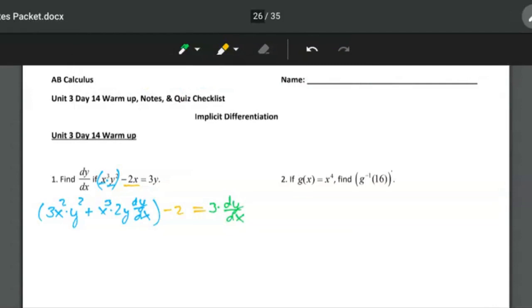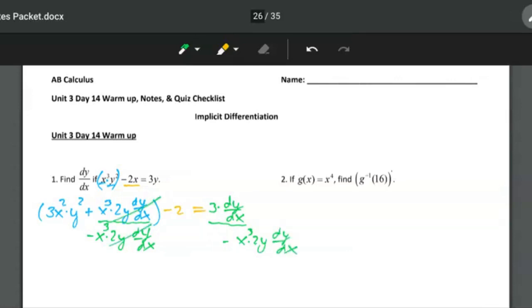All right, so we need to solve for dy dx. So we need to get all the dy dx terms on one side of the equation. This term right here has a dy dx, and so does this one. Since that 3 dy dx is already on the right side of the equation by itself, I'd probably subtract this x to the third, 2y dy dx to the other side.